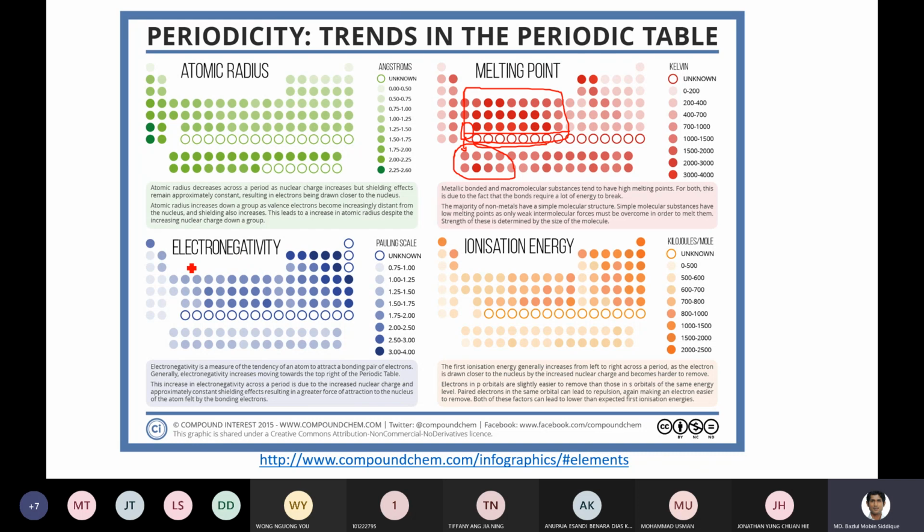Electronegativity. For electronegativity, we know that it is the amount of energy released in the process of adding an electron to an atom.